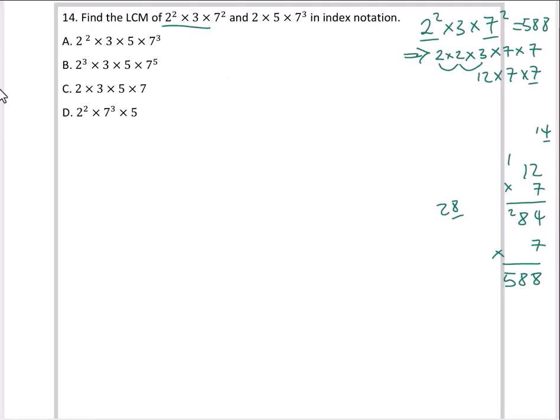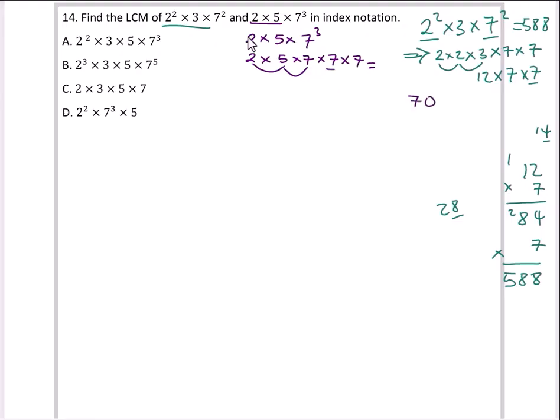For the second one, we have 2 multiplied by 5 multiplied by 7 raised to power 3. That simply means 2 multiplied by 5 multiplied by 7 times 7 times 7. 2 times 5 is 10, and 10 times 7 is 70. So we have to do 70 times 7 and then times this other 7.